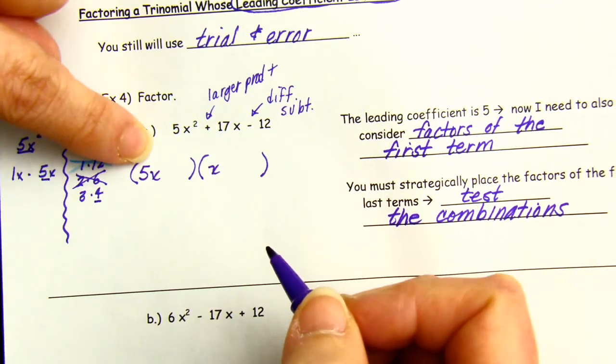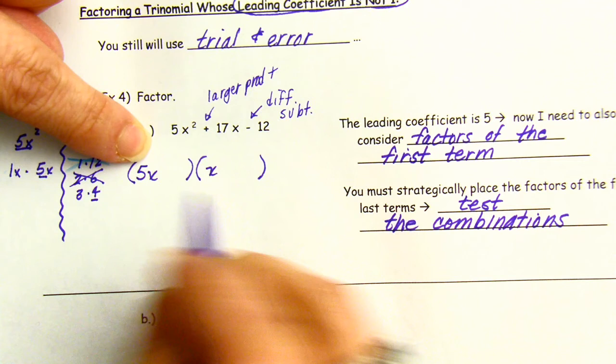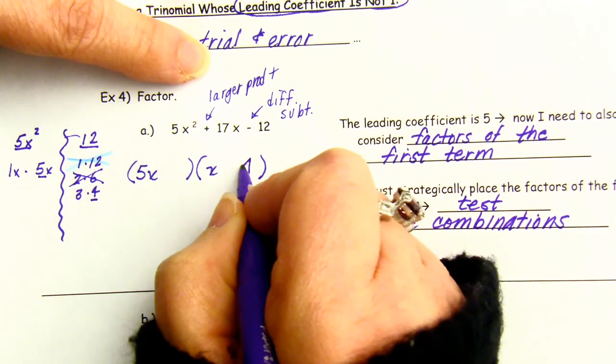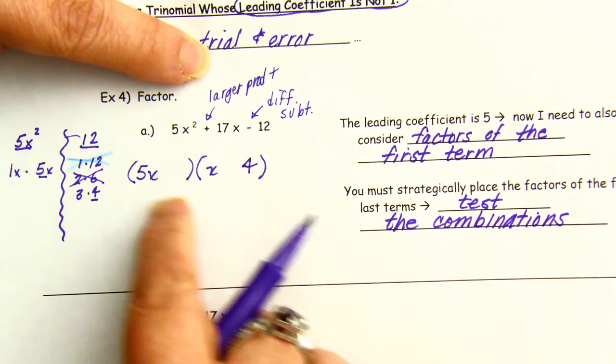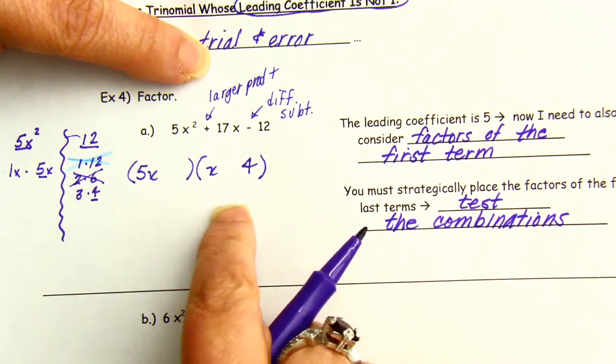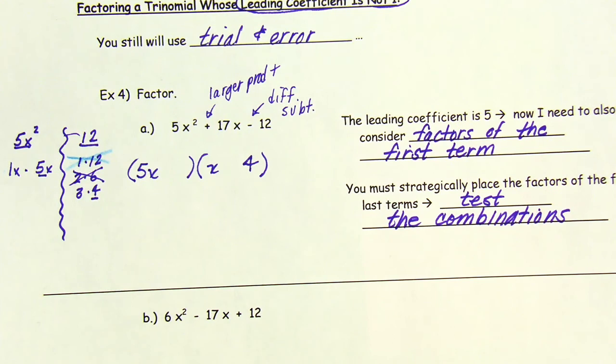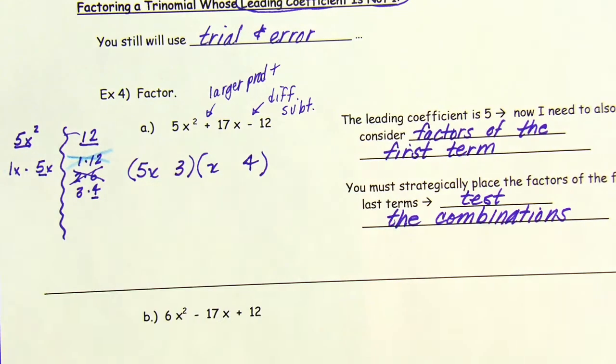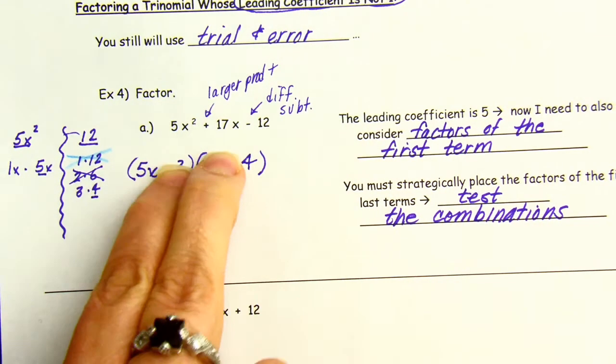What did I multiply the 5 with? I multiplied the 5 with the 4. See, I underlined them. So I know the 4 has to go over here so that when I do the multiplication of the outers or the inners, I get that 20. And then, of course, I'm going to place the 3 here because 3 times 1 is 3. 20 subtract 3 is 17.